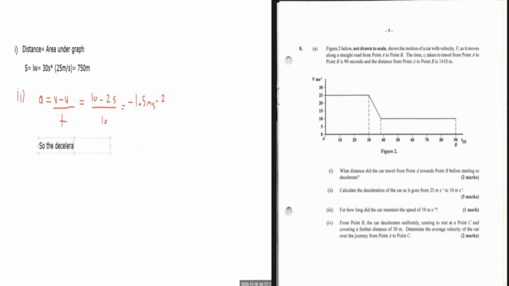So the deceleration is 1.5 ms to the minus 2. Nice, that's a whole of 5 marks. It says, for how long did the car maintain a speed of 10 meters per second?